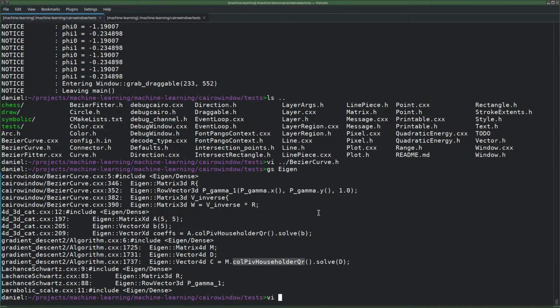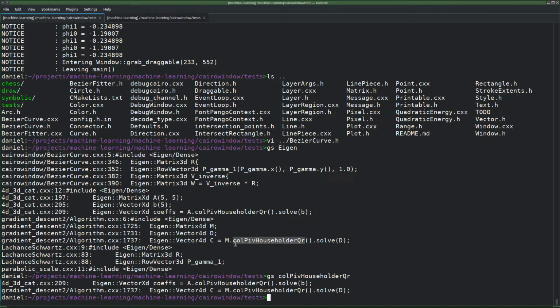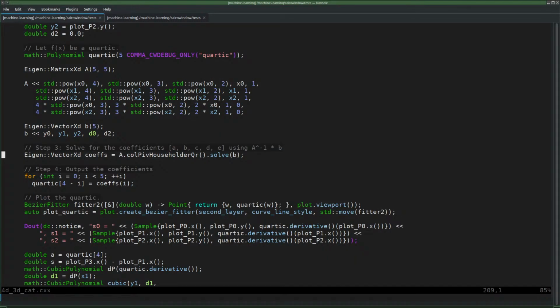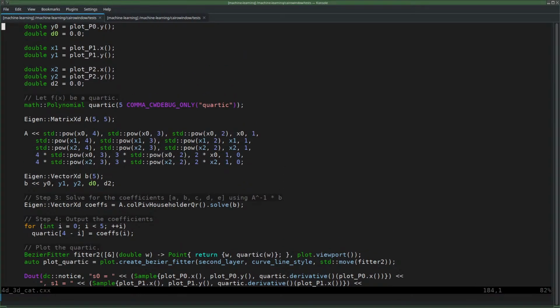So it's a coincidence that it shows it. We have two possibilities. This is the last one, I think. It's always best to look at the last time I used it. So this is a 1, 2, 3, 4, 5. Oh yeah, of course. So a 5 by 5 matrix.